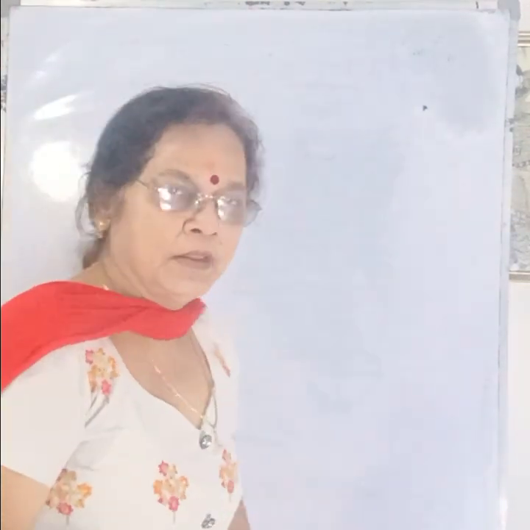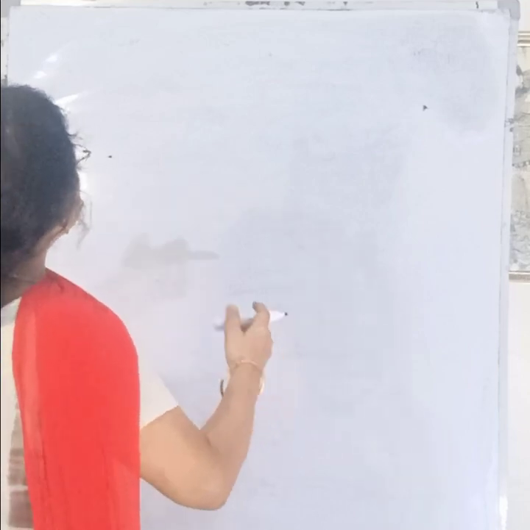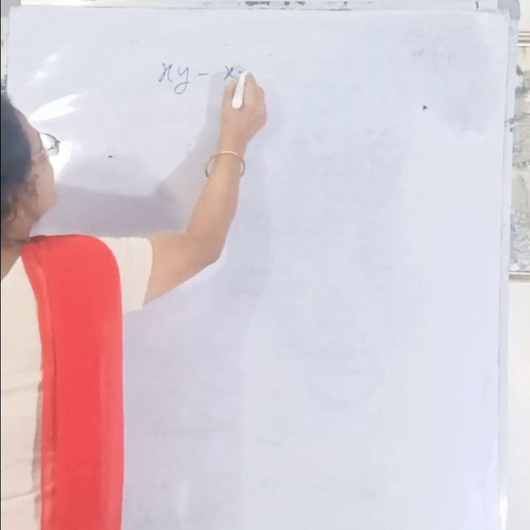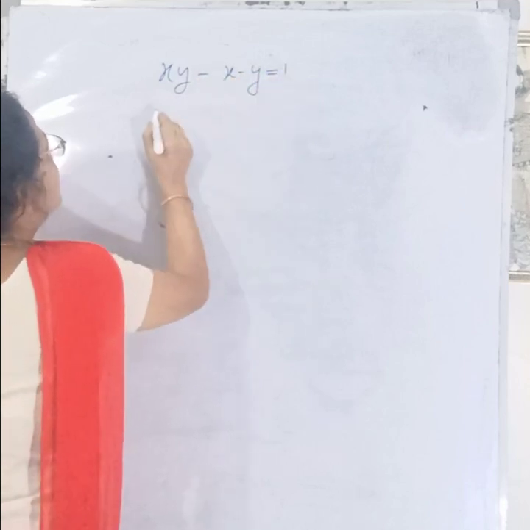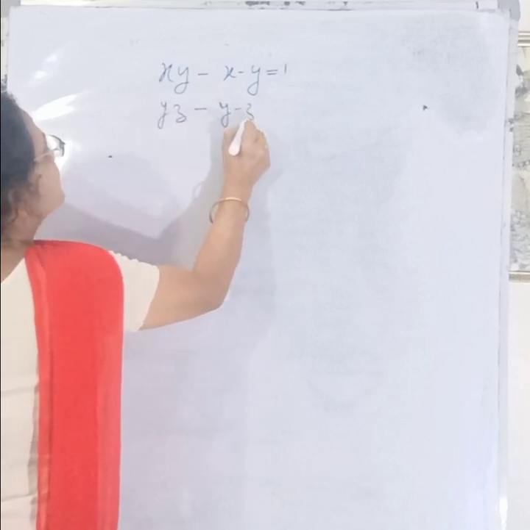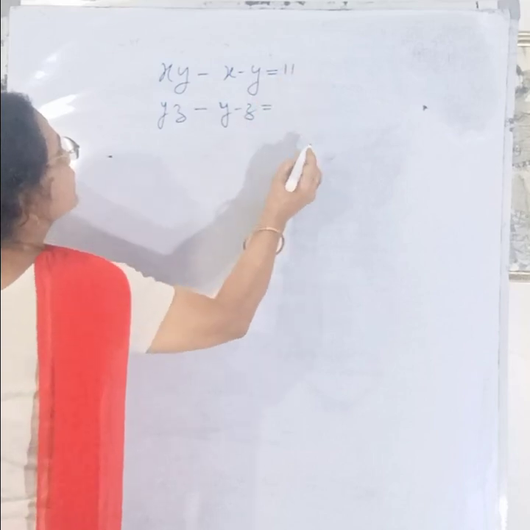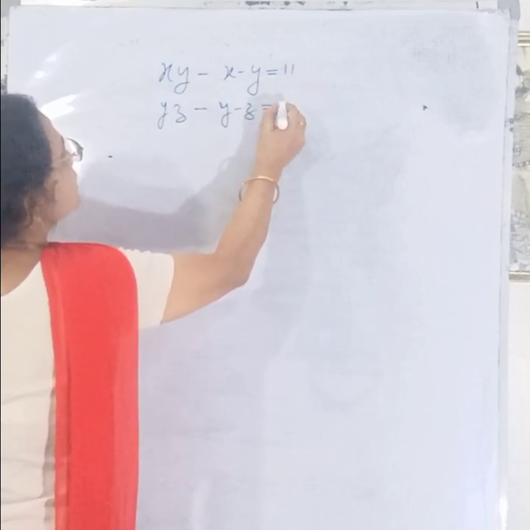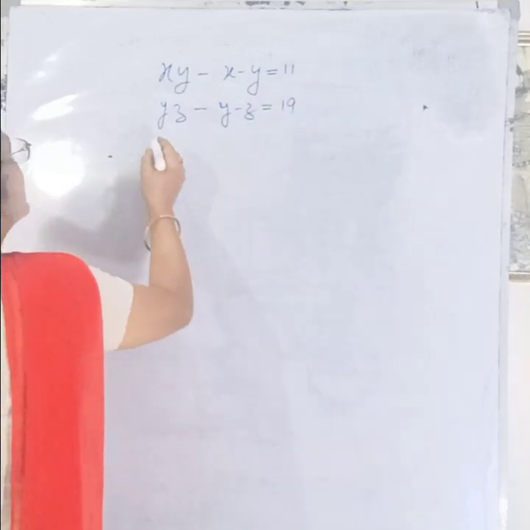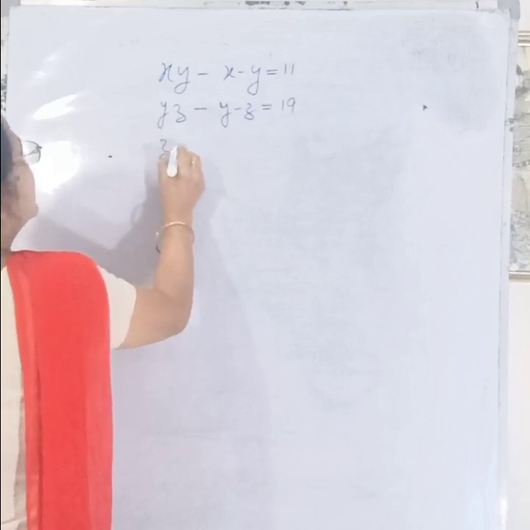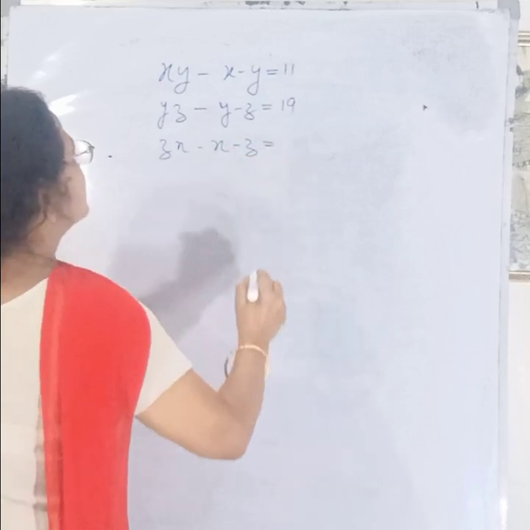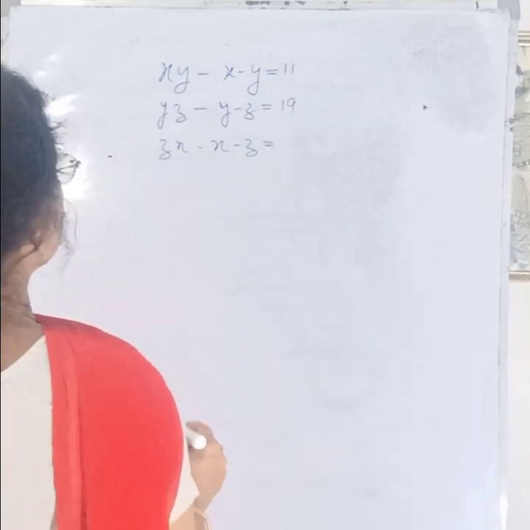Hello everyone. Today we have these algebraic equations: xy minus x minus y is equal to 11, yz minus y minus z is equal to 19, and zx minus x minus z is equal to 14.